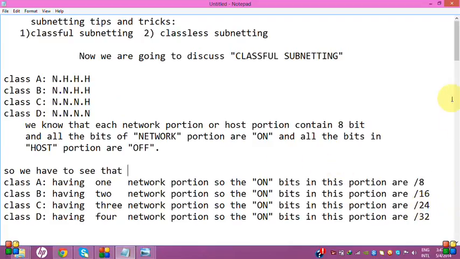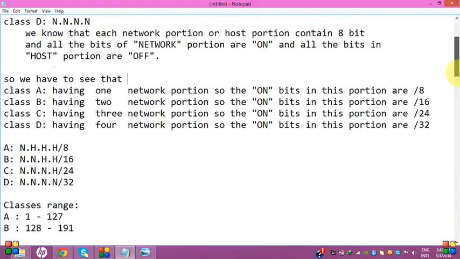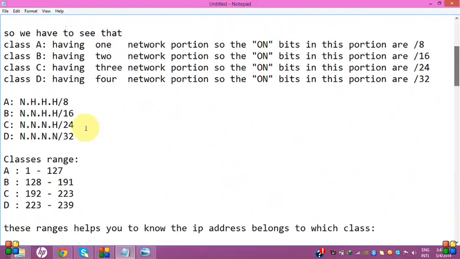So class A has 8 bits of network, class B has 16 bits of network, class C has 24 bits of network, and class D has 32 bits of network.